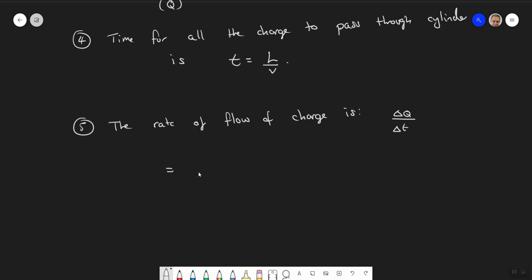So that's going to be equal to nALe over L over v. Oh look, my lengths are going to cancel out, and my v is going to go to the top. And what is this? Oh, this is just the current, the rate of flow of charge. The current is equal to nAve.